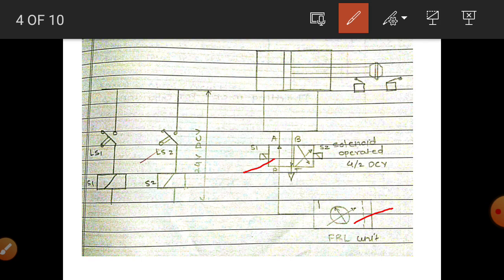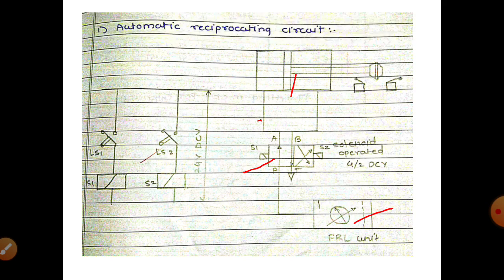The control mechanism here is a solenoid coil, so this type of valve is known as a solenoid operated directional control valve. These are the supply lines, and this is the actuator. So the whole circuit is an automatic reciprocating circuit.